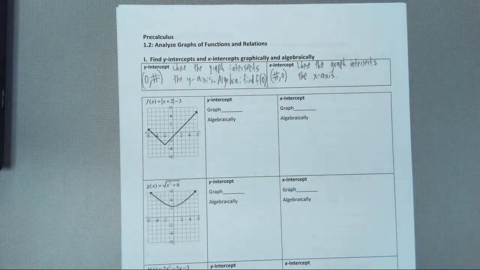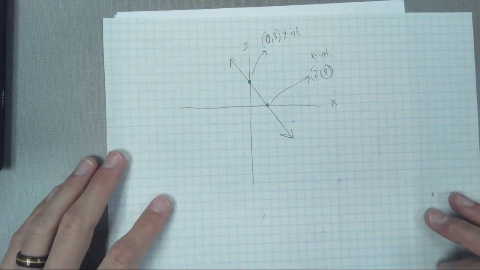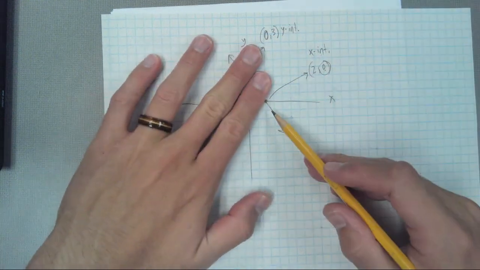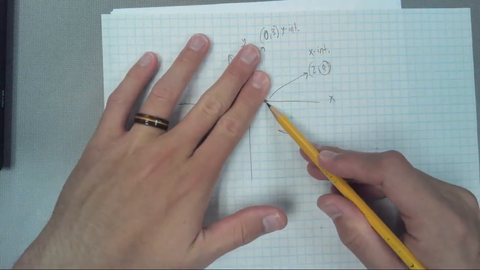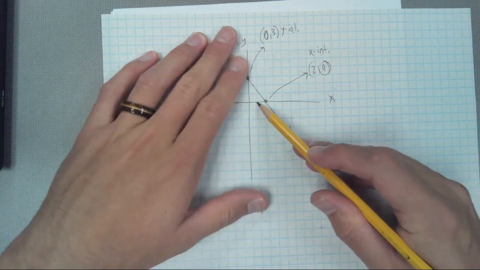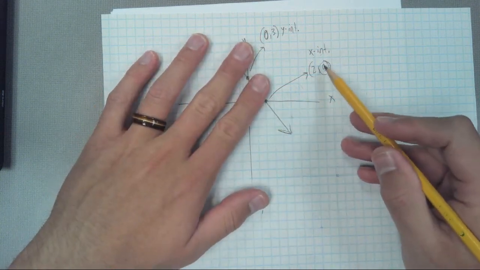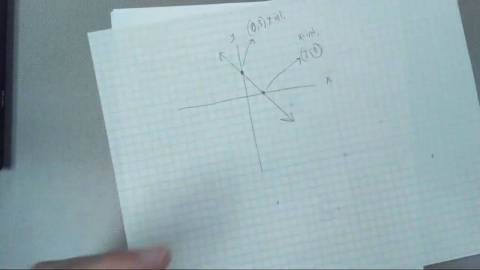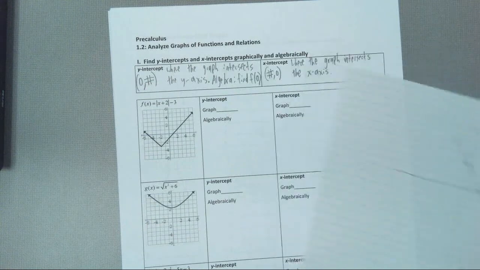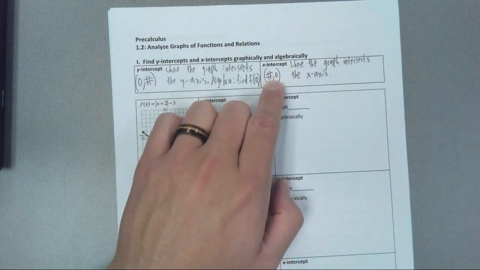If you ever need help, just draw a quick picture like I did. Think about the coordinates, draw a line, intersect it at that x-intercept on the x-axis, and think about what those coordinates are. Those coordinates are going to be (2, 0), so your y is going to be 0 for your x-intercept. There's nothing wrong with going back and thinking about what is actually happening when you talk about that word.